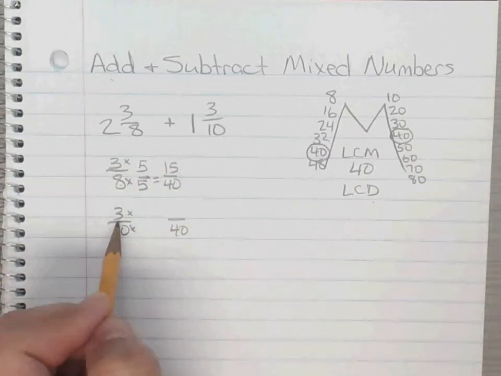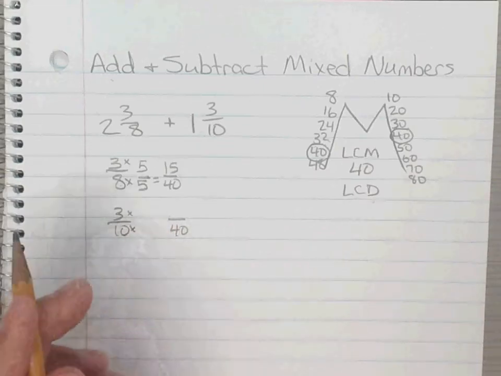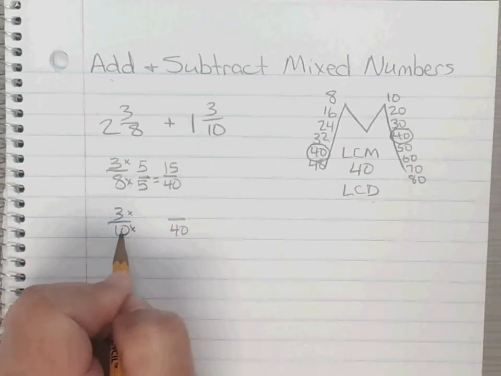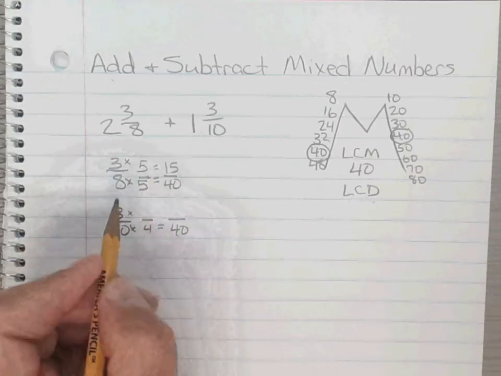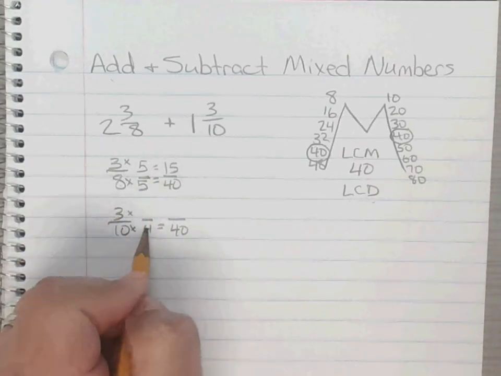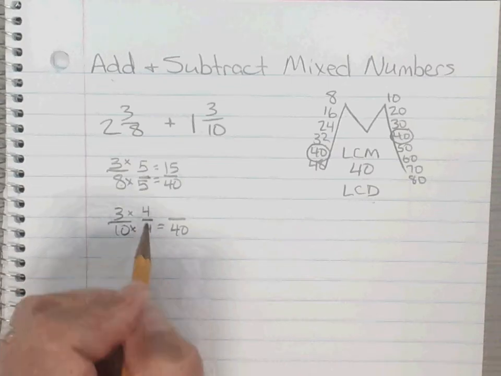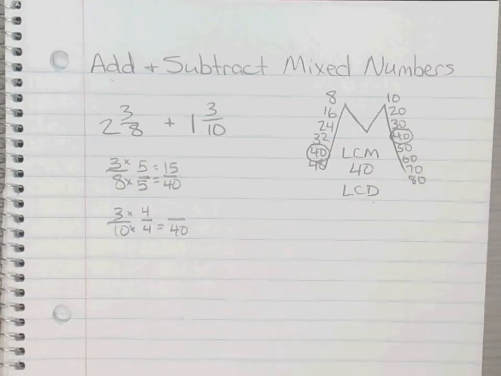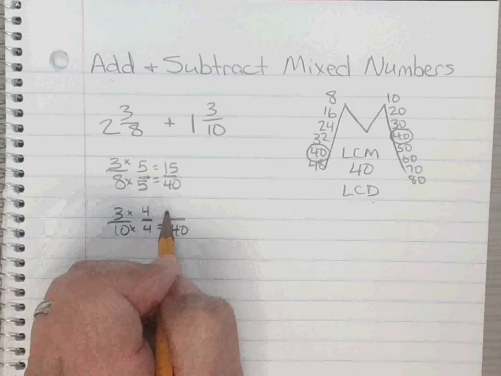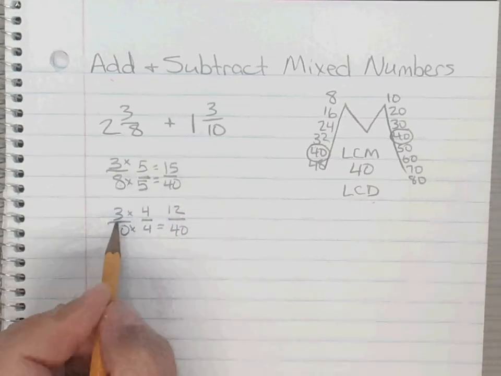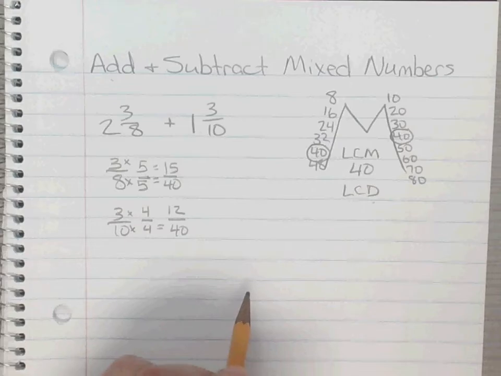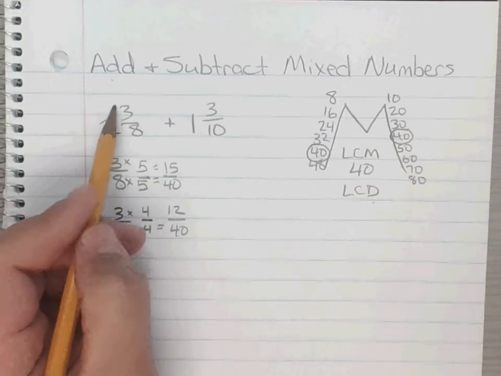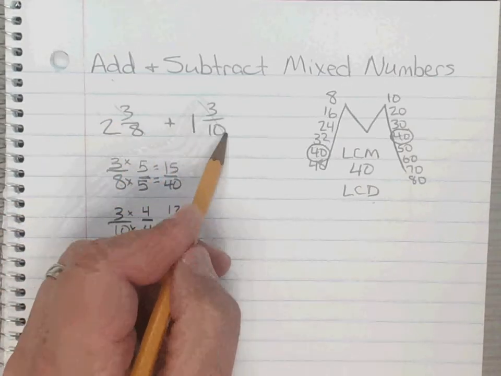Now let's find the equivalent fraction for 3/10. I know that 10 times 4 equals 40. And so whatever I do here, I must do on top, and that tells me that 3 times 4 is 12. So 3/10 is equal to 12/40. So now I have renamed these fractions.